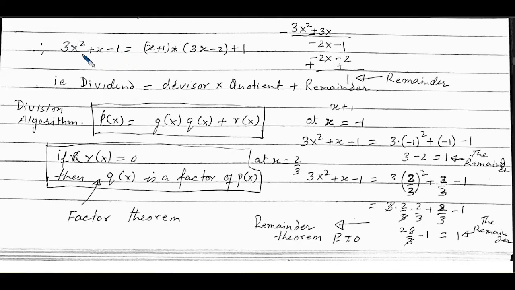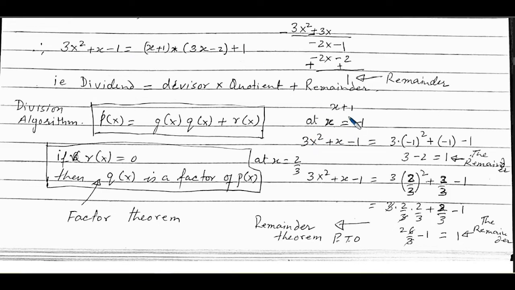Now you know this dividend is this divisor into this quotient plus remainder. Suppose I take x is equal to minus 1 and substitute here, I will get remainder 1. And if I substitute x is equal to plus 2 by 3, again I will get the remainder 1.